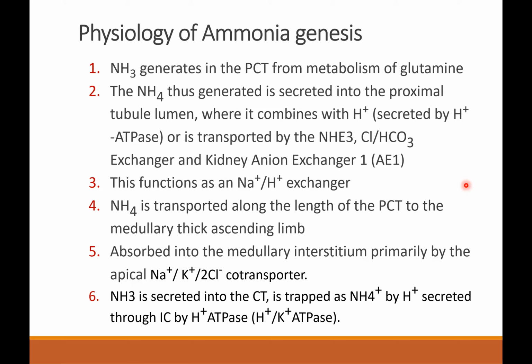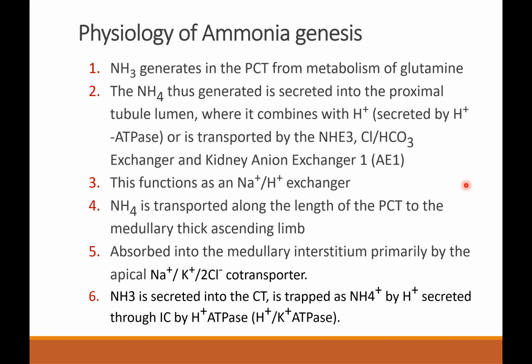So NH3 generated in the proximal tubule goes into the tubular lumen, takes the friendship of the hydrogen already secreted by the H-ATPase, which is an energy dependent pump, or is transported by the NHE3, sodium hydrogen exchanger 3. One of them is sending the hydrogen out, and that hydrogen is available to the ammonia to form ammonium ion.